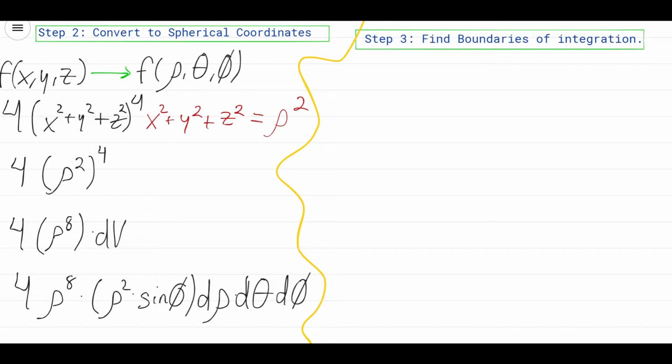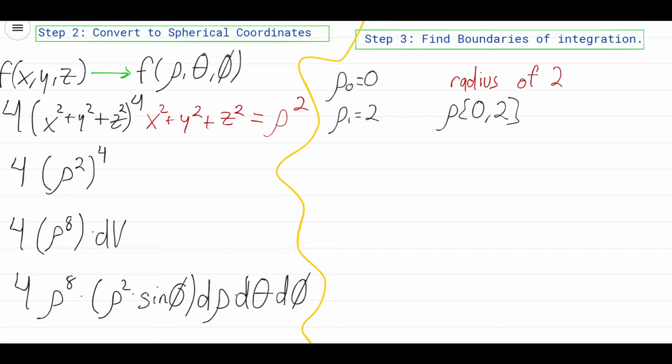Since this is an ideal perfect sphere, this one's very straightforward. Our rho starts at 0 because it's centered at the origin, and the outer bound is 2, because it's a radius of 2. So our bounds for rho are from 0 to 2.